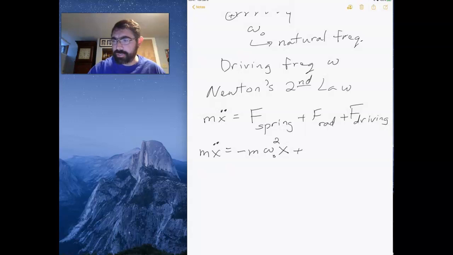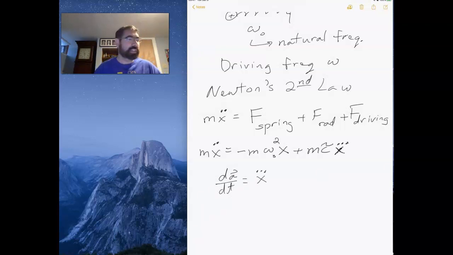The radiation is the mass times some constant tau times the derivative of the acceleration. So I'm going to be writing this as a triple integral, and then we have the driving frequency. The driving force. Sorry, the driving force.